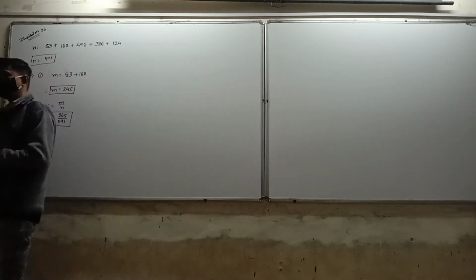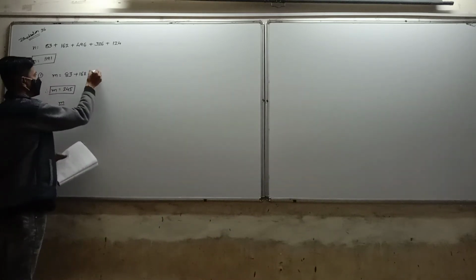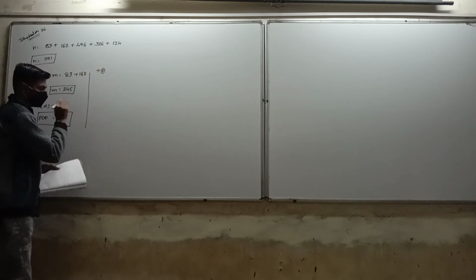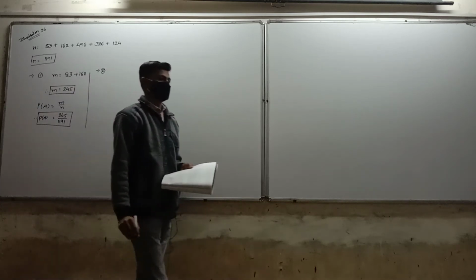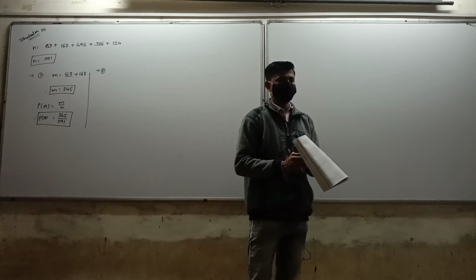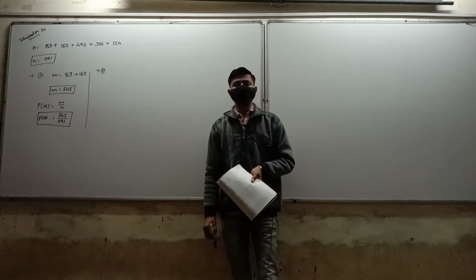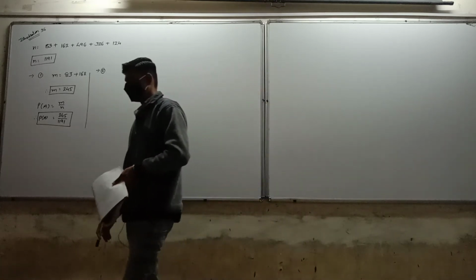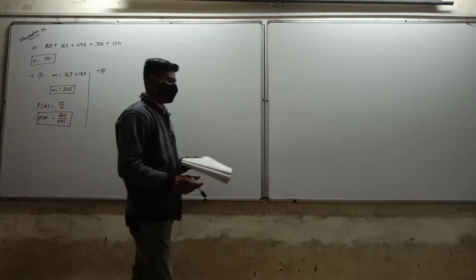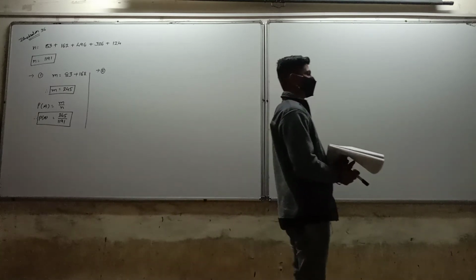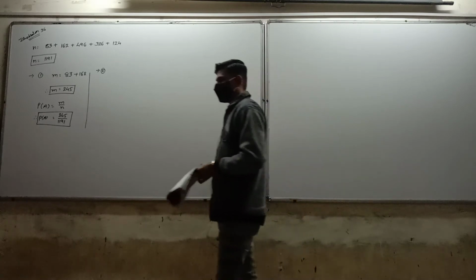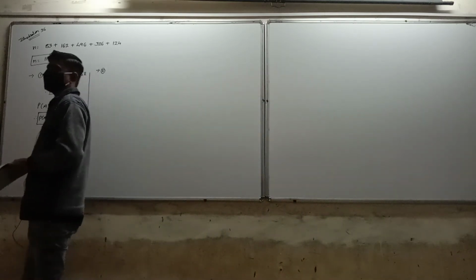Consider by event B. Event B is equal to selected candidate has scored more than 60 marks.